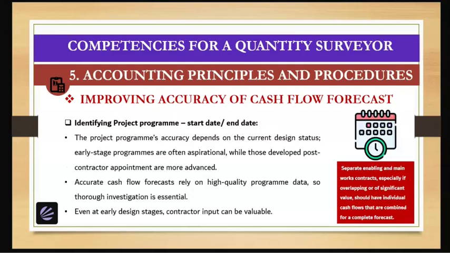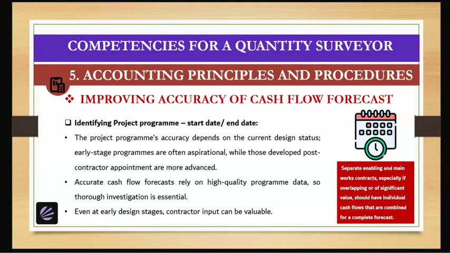The next topic is about identifying the project program start date or end date. The project program's accuracy depends on the current design status. Early stage programs are often aspirational, while those developed post-contractor appointment are more advanced.